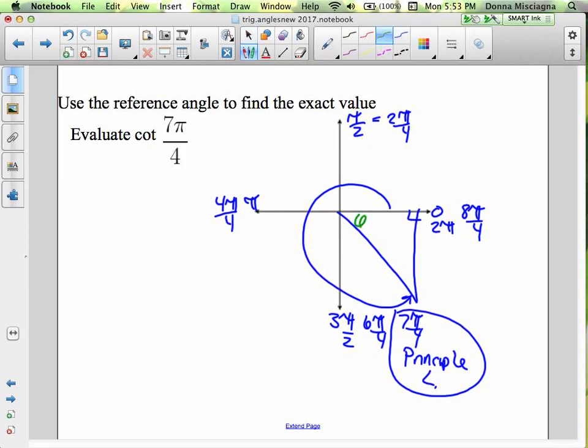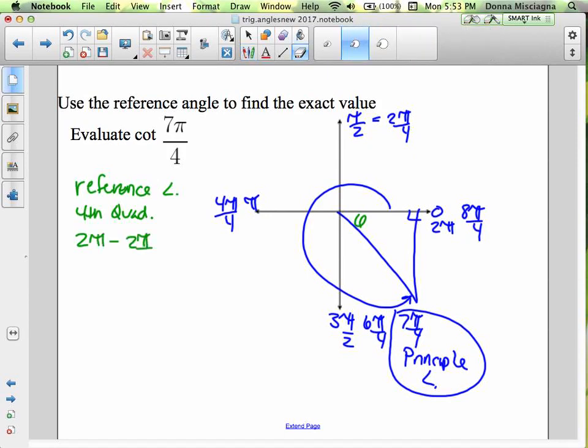Notice that we've gone almost around the circle, except for that little piece left after our principal angle. Because we're in the fourth quadrant, our reference angle is going to be 2 pi minus 7 pi fourths. When we do that, we will have that leftover theta there.